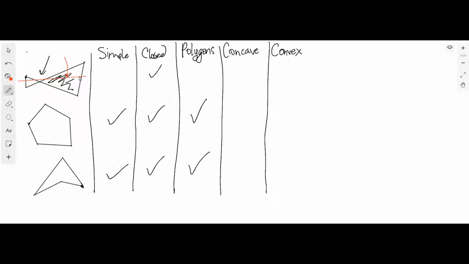So we've got an interior section here. This is all interior. But then this section right here is exterior. And then we have another interior section again. Well, that's not good. That means that this is not convex, this is concave. And you can see it has a cave right here. This is the opening of the cave, and you can cross through.